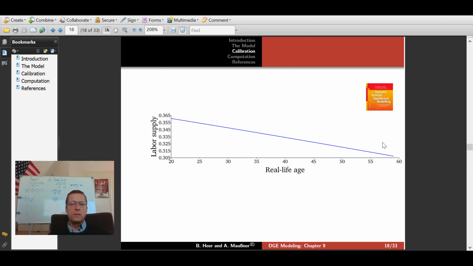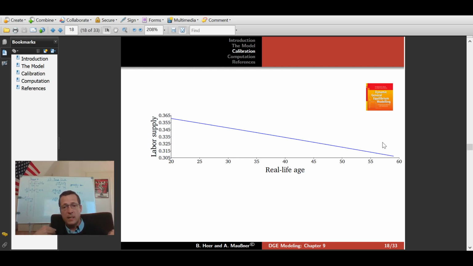One reasonable way to introduce this kind of labor age profile in our Auerbach-Kotlikoff model is to also model individual, age-specific productivity. What we observe is that the 40 and 50-year-olds are much more productive than the 20-year-old or the 70-year-old. So we observe a hump-shaped age productivity profile.